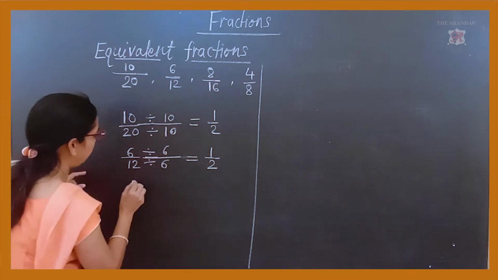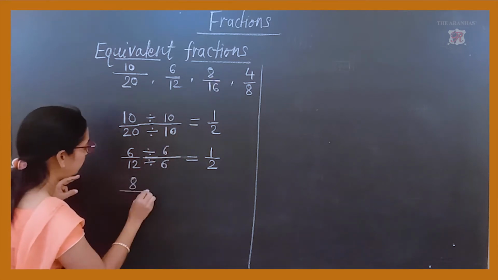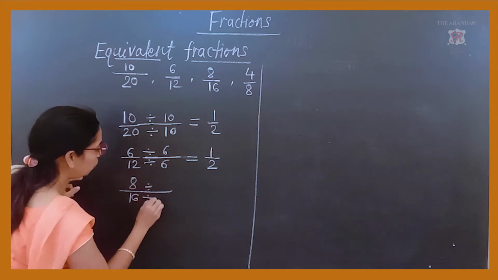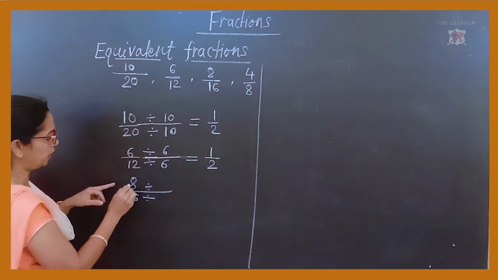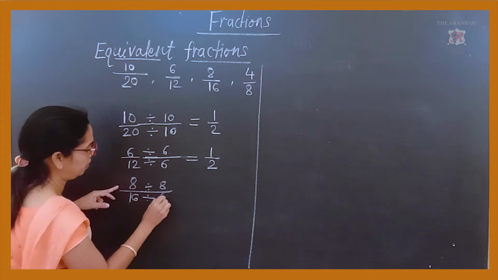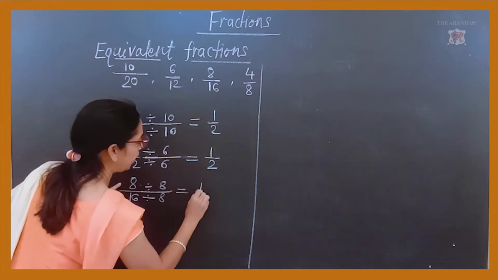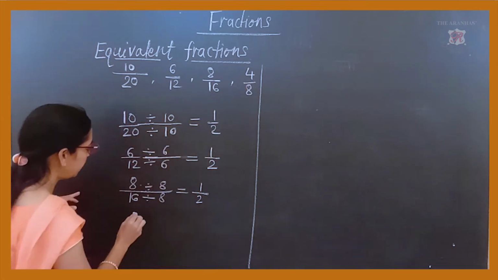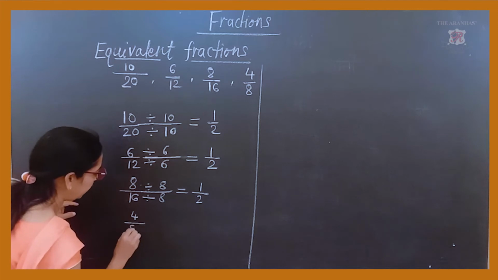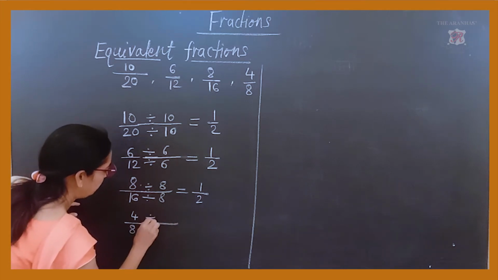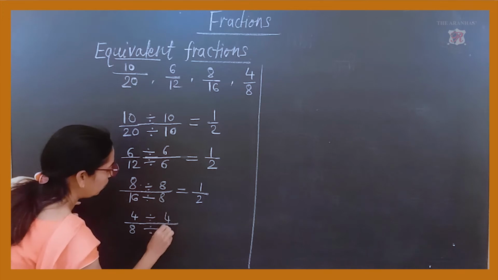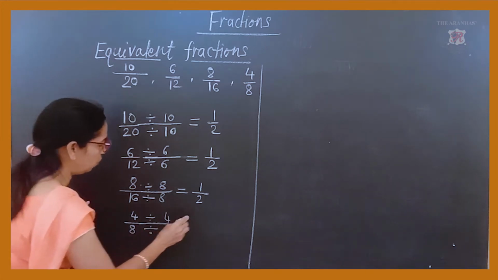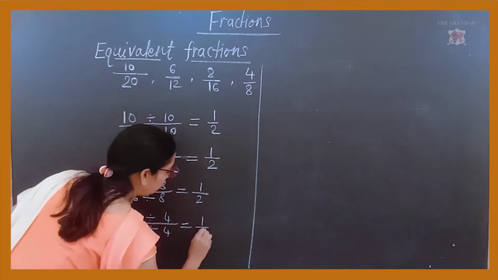Now we have the third one, that is 8 upon 16, and we will divide both the numerator as well as denominator by 8. You will get the fraction 1 upon 2. Now the last one is 4 upon 8. If you divide both the numerator as well as denominator by 4, you will find 1 upon 2 as a fraction.